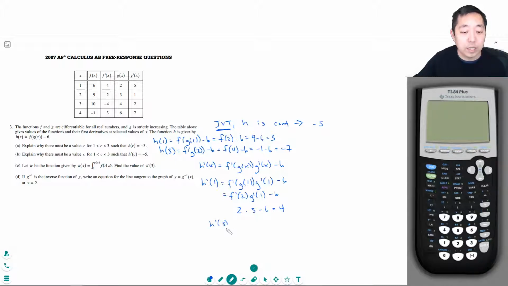H prime of 3 is f prime of g of 3 times g prime of 3 minus 6. G of 3 is 4, so f prime of 4, which is 3, times g prime of 3, which is 4, minus 6. That equals 12 minus 6, which is 6.